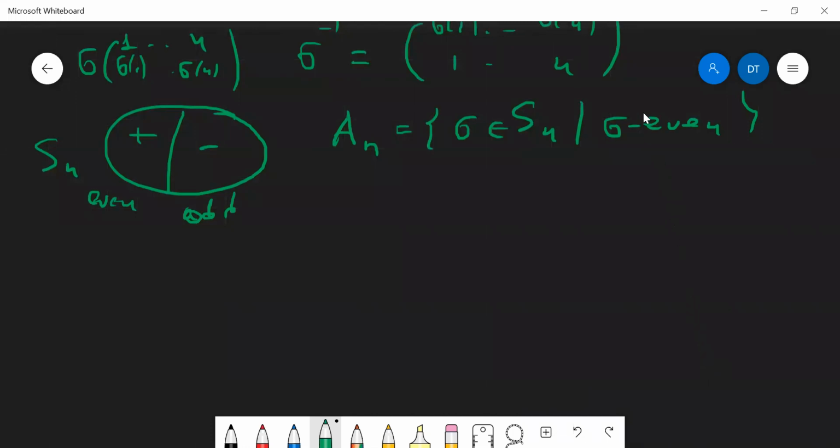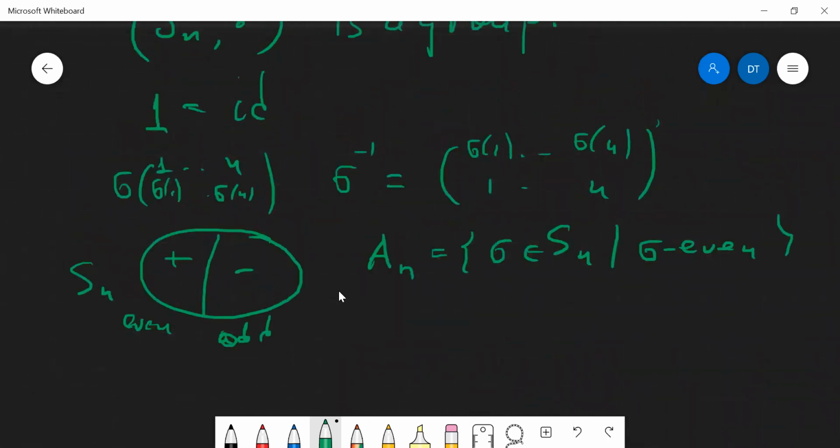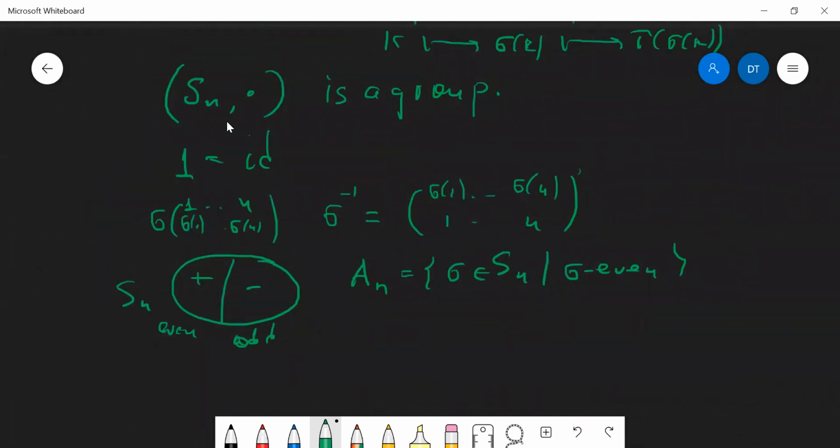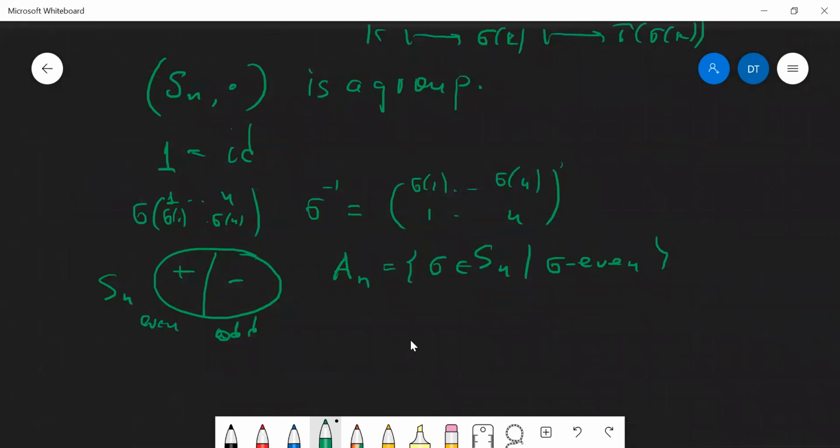Could you let me ask you another question? We know that Sn is a group. Is it commutative or not? No, it's not. Are there any other thoughts regarding this question?